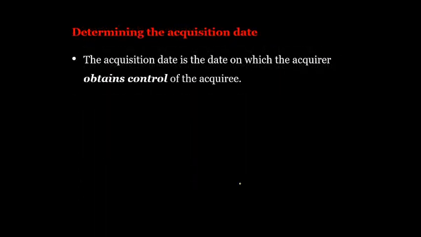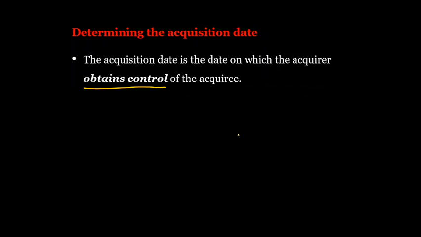How do you determine the acquisition date? This is what I said earlier. It's always based on when you obtained the control. It's not when the acquisition cost, the cash, the securities, or the fair market value of assets that are sacrificed, are transferred.